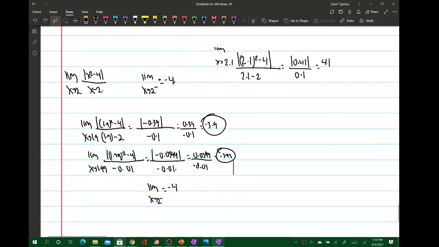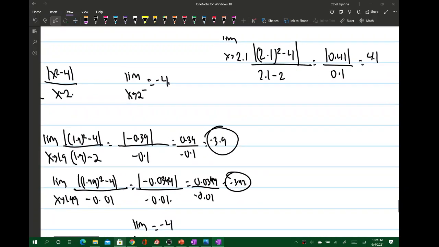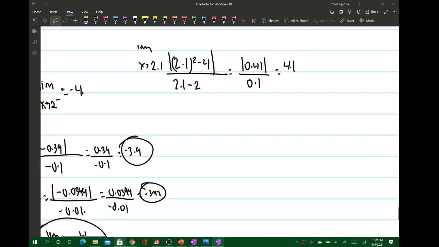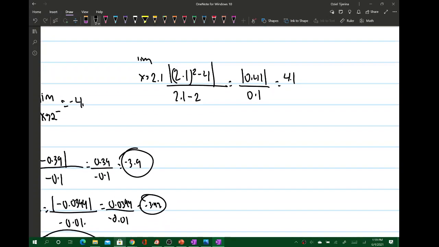Obviously, from the left-hand side, the limit as x approaches 2 is negative 4. Well, from the right-hand side, the limit as x approaches 2.1 is obviously 4.1.